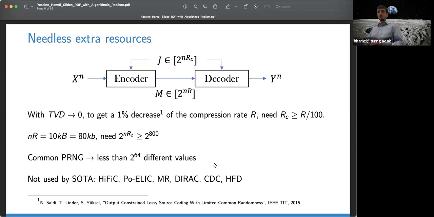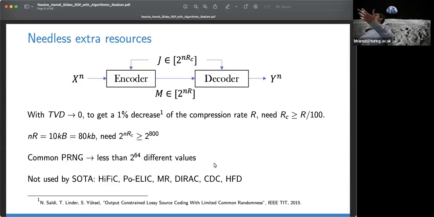And of course, this is an enormous disconnect with practice, because in implementations with Python or PyTorch, you take a pseudo-random number generator, and usually what they will have is not more than 2 to the 64 distinct values possible, which, so 2 to the 64 is nowhere near 2 to the 800. So there is a kind of impractical or unrealistic demand for an enormous amount of common randomness, just to get a 1% improvement of compression rate.